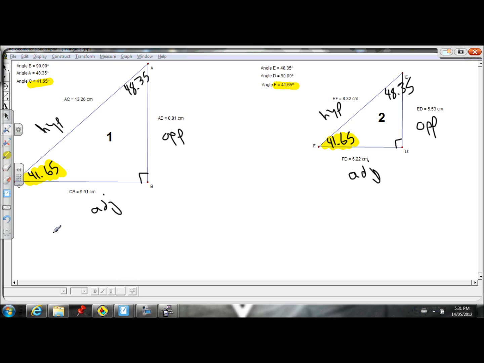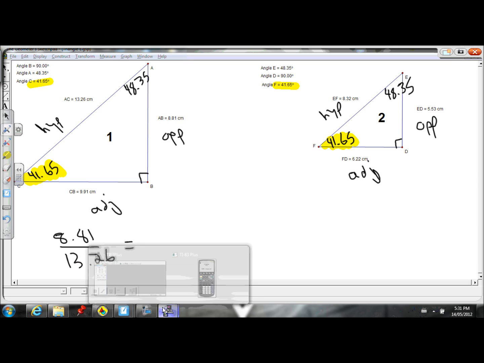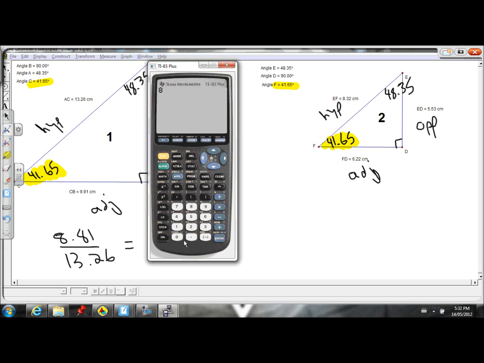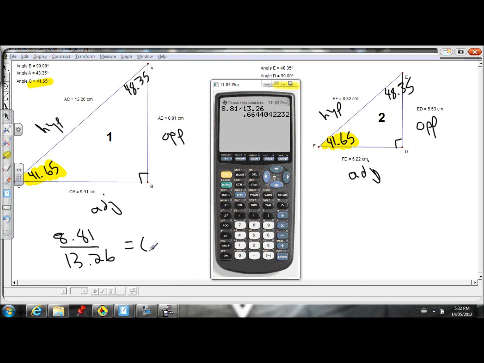If I do opposite over hypotenuse for this triangle, 8.81 divided by 13.26, let's see what we get. Let's put that in our trusty calculator. I get 0.6644, so 0.66.